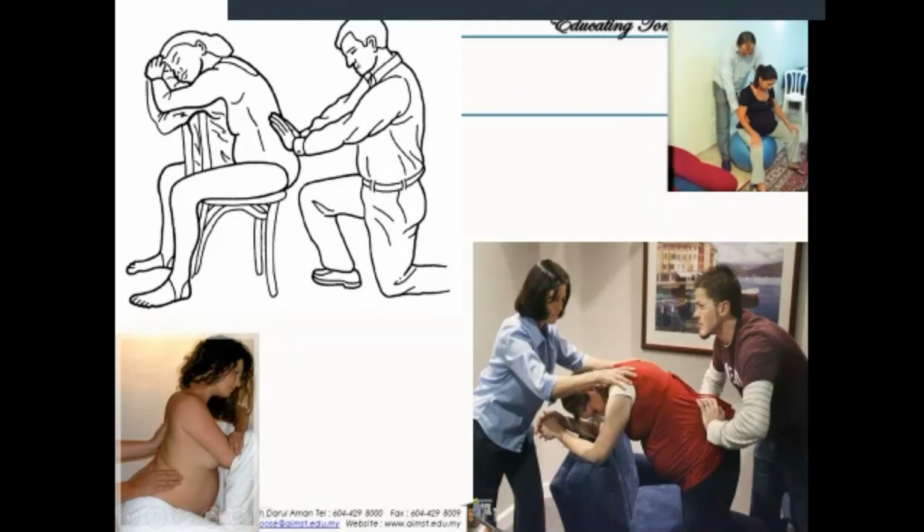When they are breathing out, they make a ha ha sound, like ha. This will help to decrease the hyperventilation.